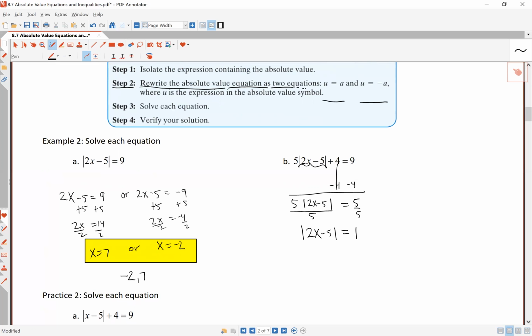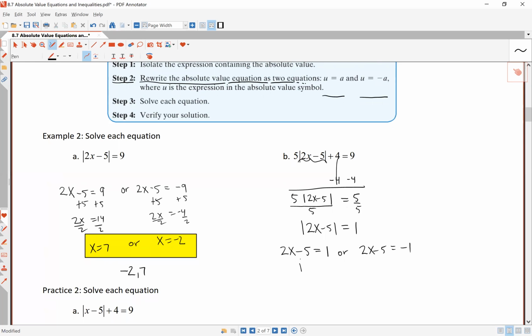Now that we've got it isolated, we apply our process of dropping the absolute value, keeping it the same, dropping the absolute value, and taking the opposite. Two separate equations to solve. Both of them we're going to add 5 to both sides and divide by 2.